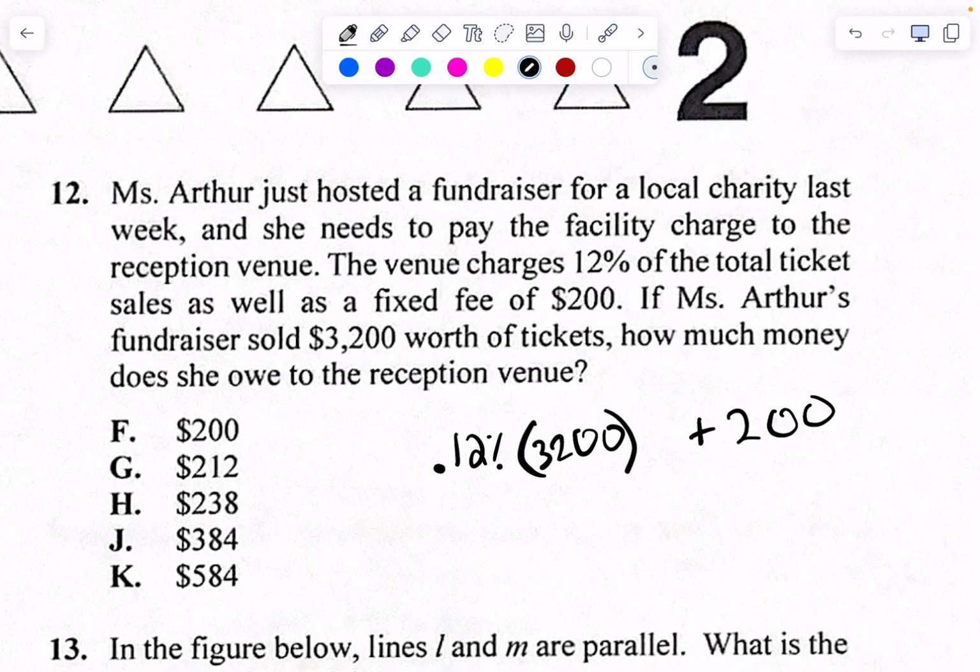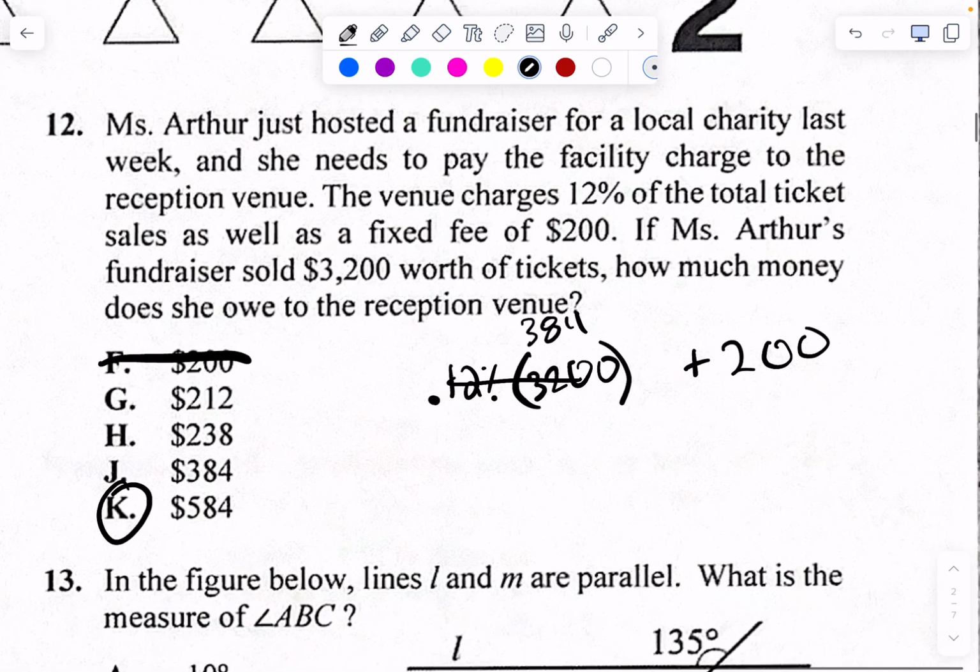Okay, 12% of $3,200 plus $200. It is not F, I know that for sure. 12% of $3,200 is 384, plus 200 is 584. That's what I get.